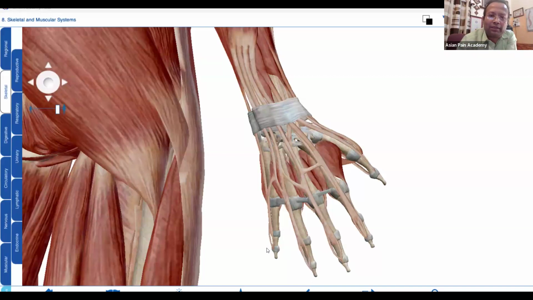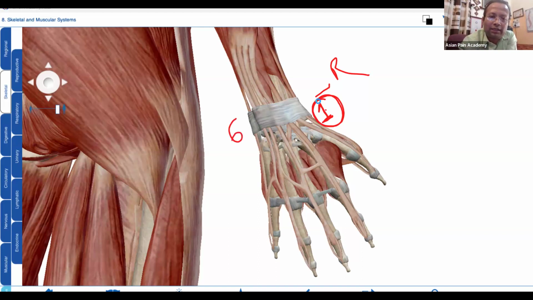When we try to memorize all the tendons, the first thing we need to know is that there are 6 compartments in our wrist. From the scaphoid side, meaning the radial side, the first compartment is on one side of the radius.